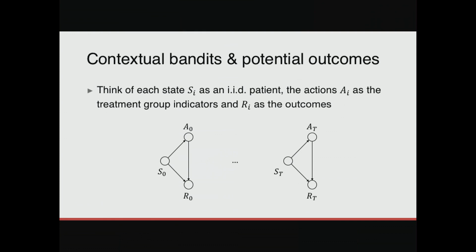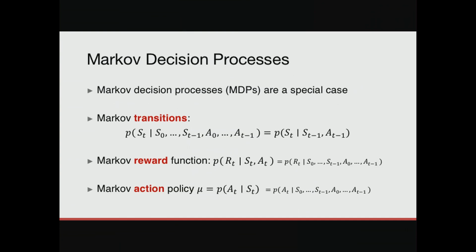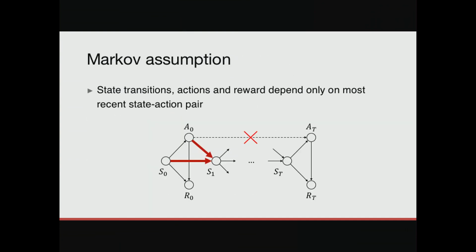So by going backwards through my slides, this is essentially what we had last week, and we just have to add more arrows to get to what we have this week, which indicates that last week was a special case of this, just as David said before. It also hints at the reinforcement learning problem being more complicated than the potential outcomes problem, and we'll see more examples of that later.